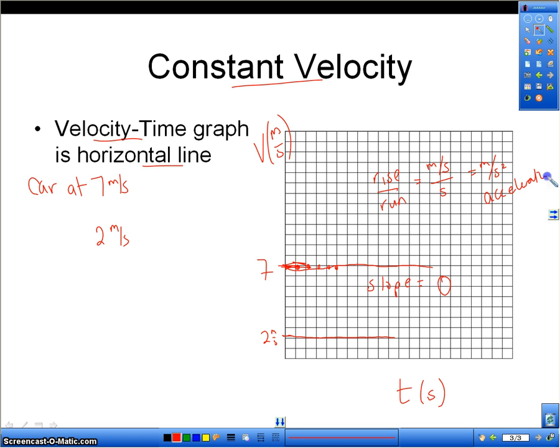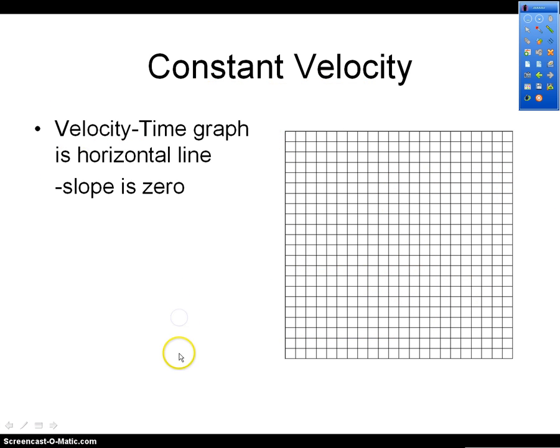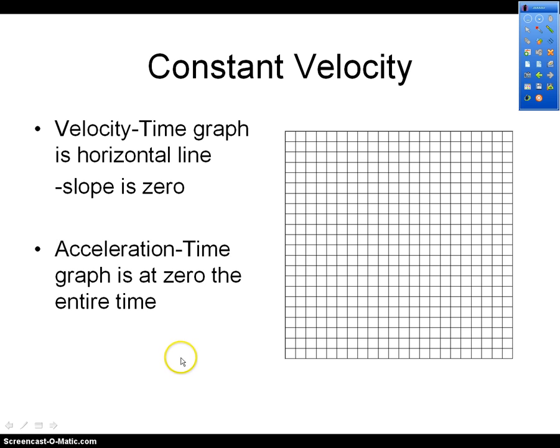So what this is telling me is that the slope of this graph is 0 meters per second squared, which means that the car or the object is not accelerating, which is of course what's going on because it's a constant velocity. So the car is not accelerating. Okay, so the slope is 0.